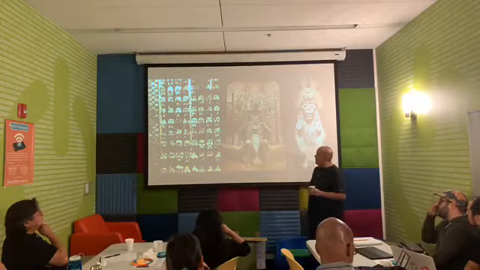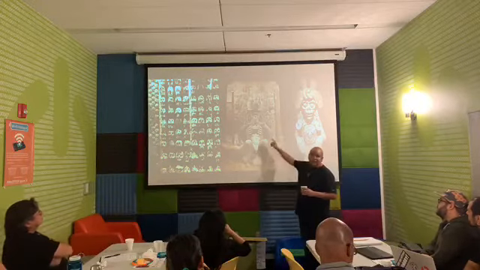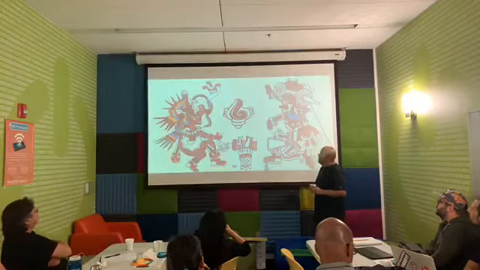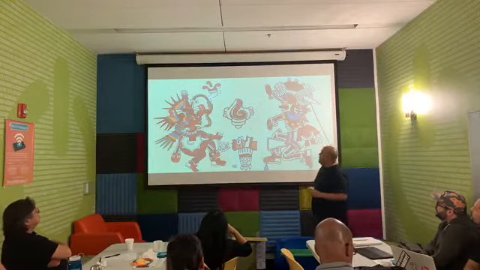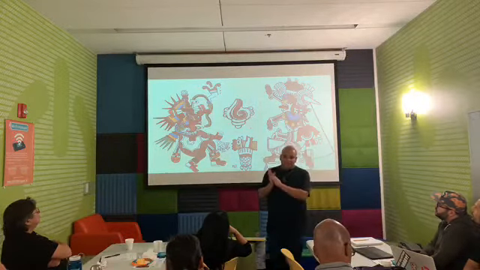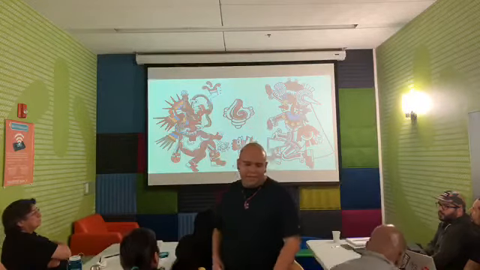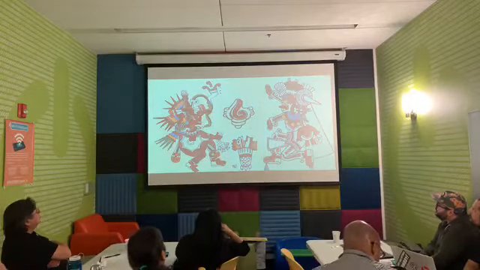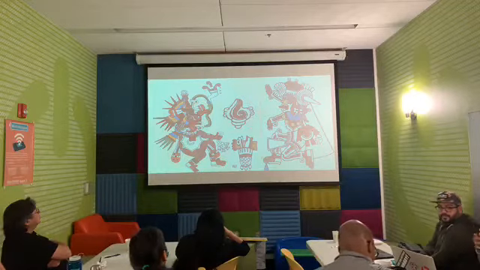I will give you the bones, but I have one condition. So he presented him with a challenge. He handed him a shell, and he said, I have a challenge for you.